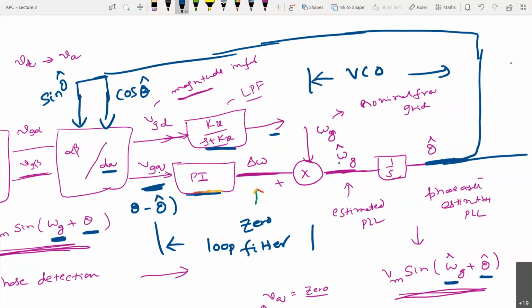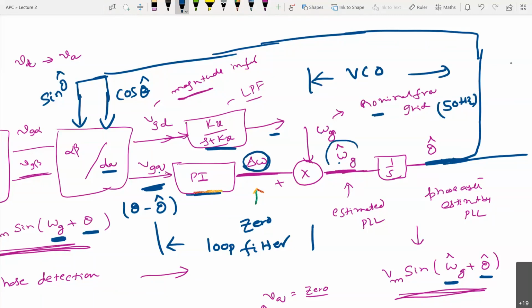This steady state error is given to a PI controller, which is always trying to reduce it. And this is the nominal, or expected, frequency. For example, if the grid voltage is 50 Hz, the input here is 50 Hz, and this is the error, or the deviation from that 50 Hz component.